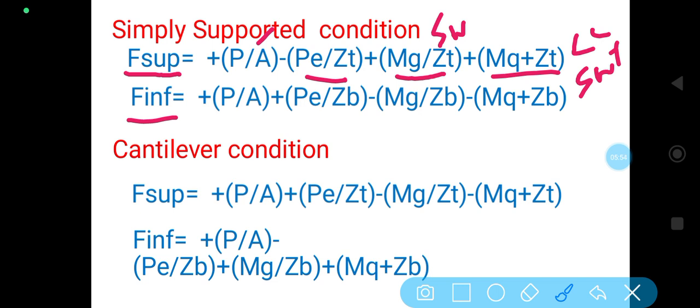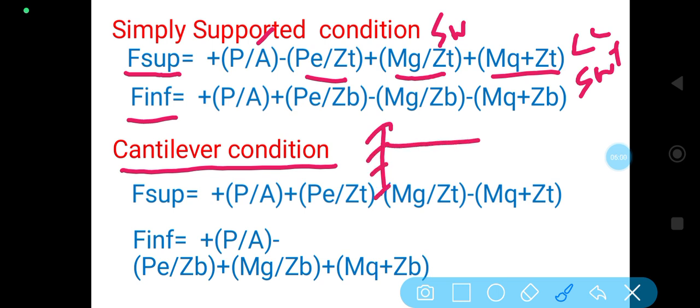But as far as the cantilever condition is considered, we know that the cantilever beam experiences tension at the top and compression at the bottom, as a result of which the pre-stressing concept and the resultant expression also vary here.